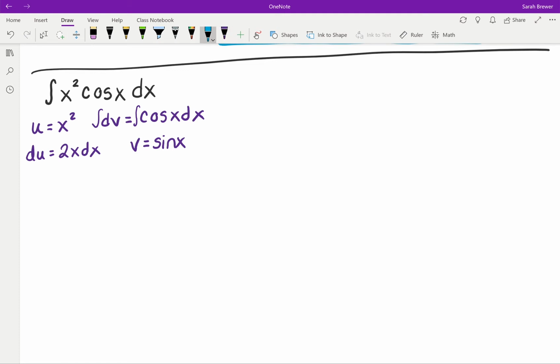So applying my integration by parts formula, the integral of u dv is equal to u times v, so x squared sine x, minus the integral of v du, which I'm going to write as 2x times sine x dx.